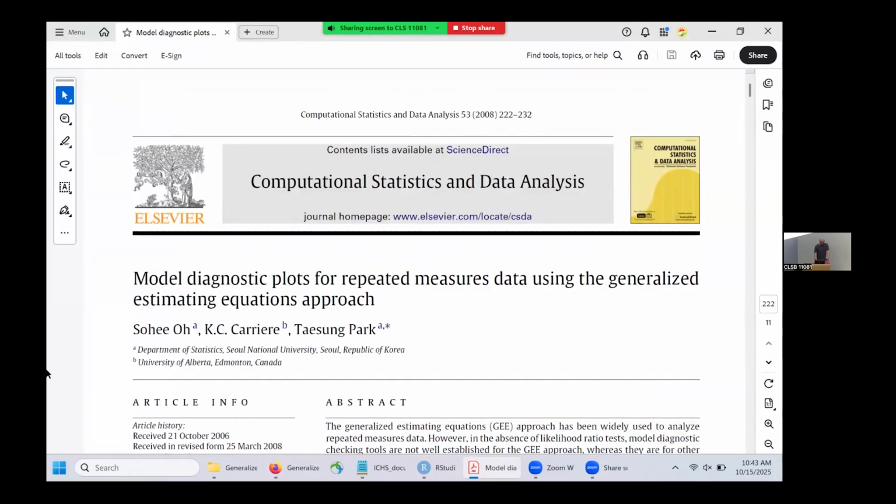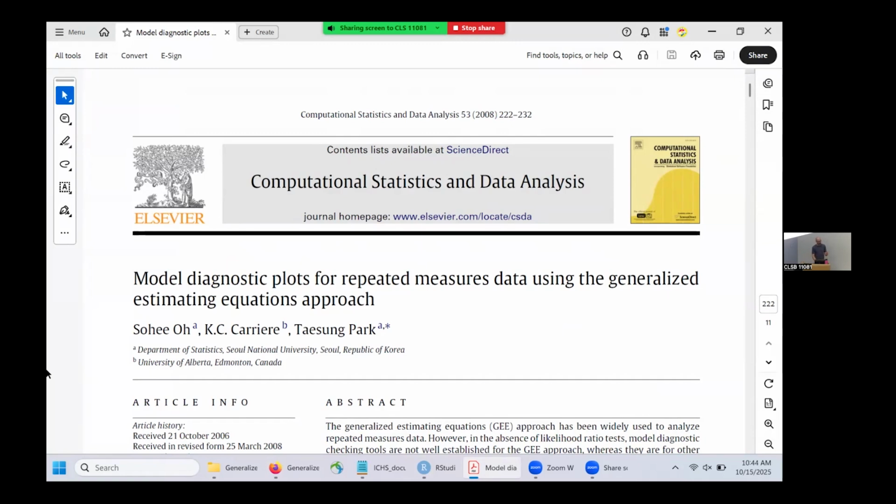There are some issues. My reading of this paper was they sort of said, this is how it works for a normal distribution, so let's just do the same thing for these other distributions.